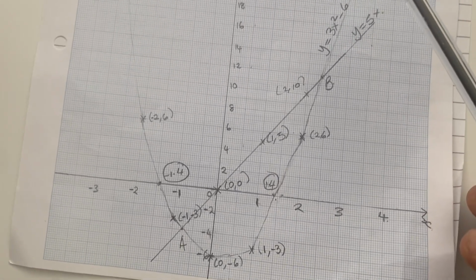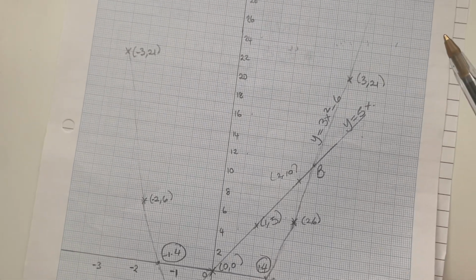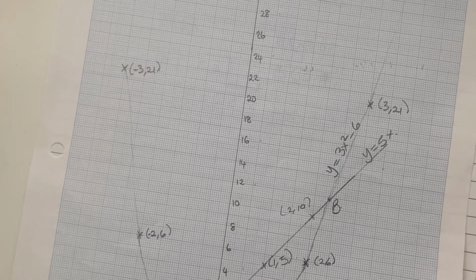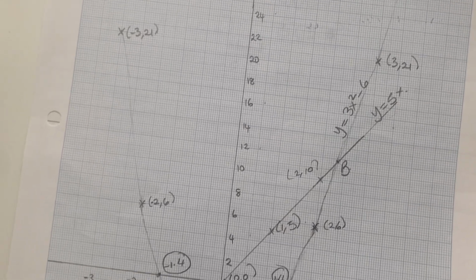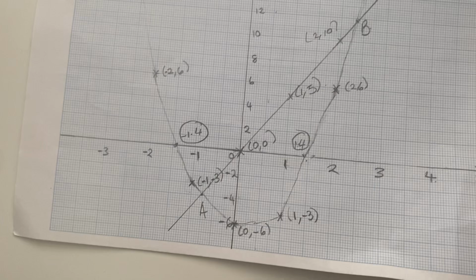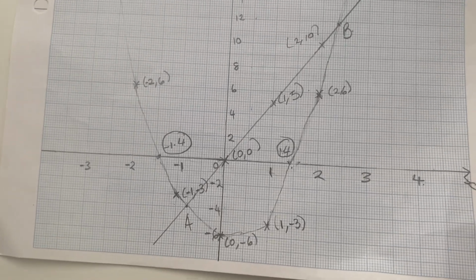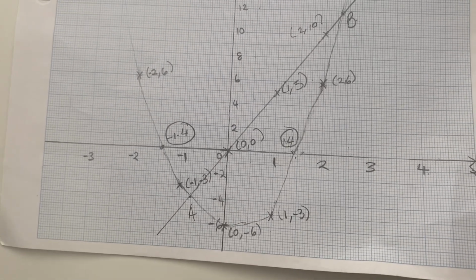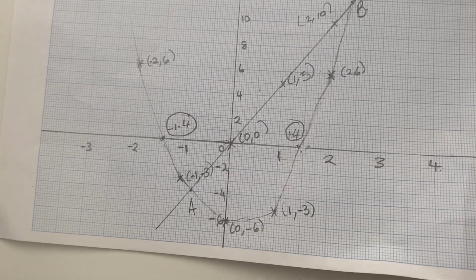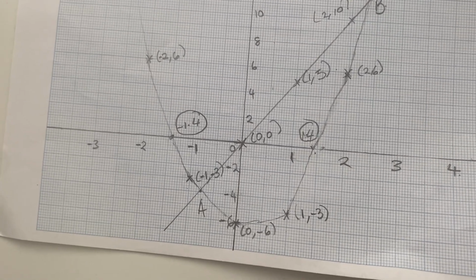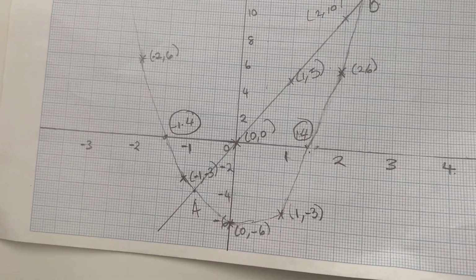Go and get a graph paper and draw your line, and you'll see how easy it is. Don't just be watching. Get a graph paper. Even if you don't have a graph paper, use a plain paper. Have equal intervals.